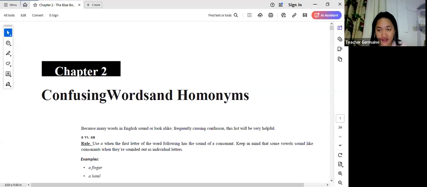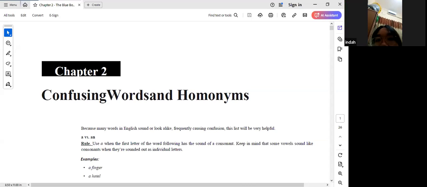Can I have Inda first to read the definition? Homonyms: each of two words having the same spelling or pronunciation, but different meaning or origin.